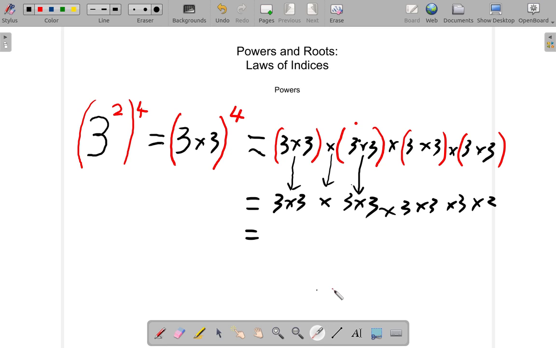How many 3's do we have multiplying each other? 1 2 3 4 5 6 7 8 of them. Alright, the last one looks like 2. It should be 3. This last one. Good. Now 8 3's multiply. The short way of writing this is to say 3 to the power of 8.